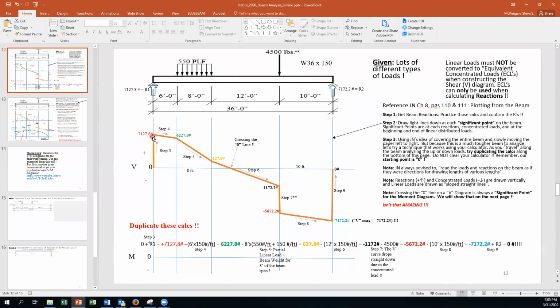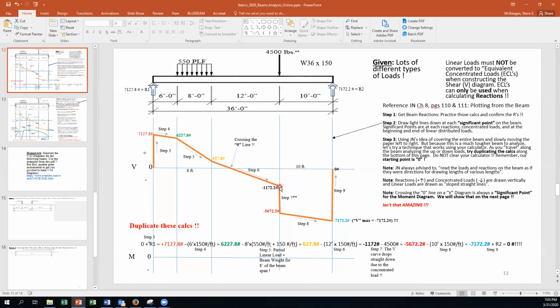You're going up the reaction, you're dropping down so many pounds per foot, you're dropping down a greater slope because now I have the beam weight plus a partial linear load in that 8-foot section of the span. And then you're dropping back at the slope of 150 pounds per foot along that 12 foot of the span.